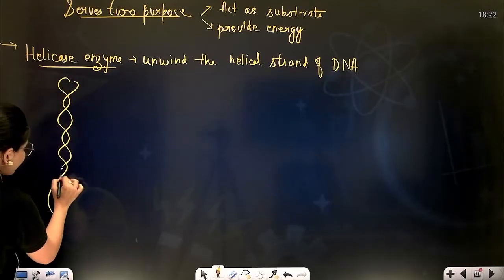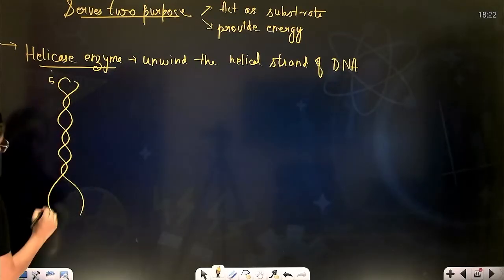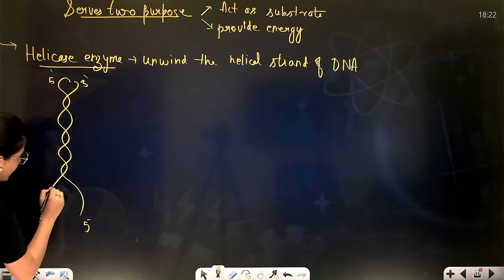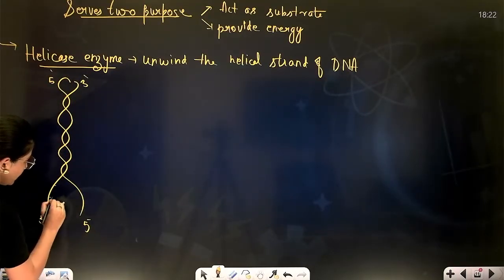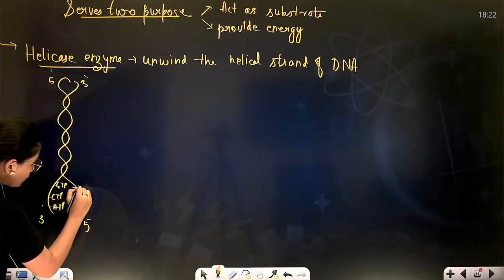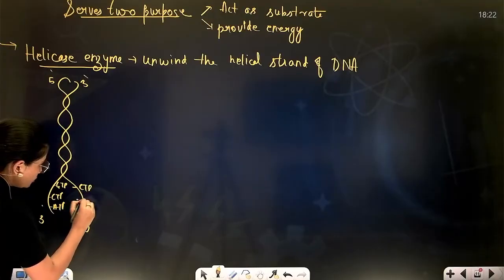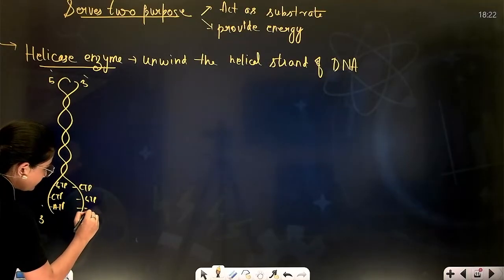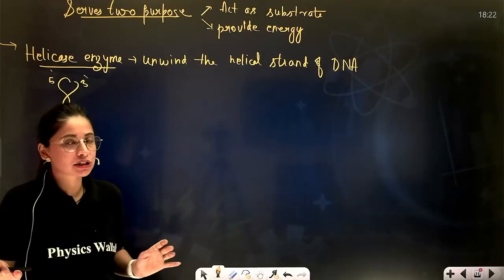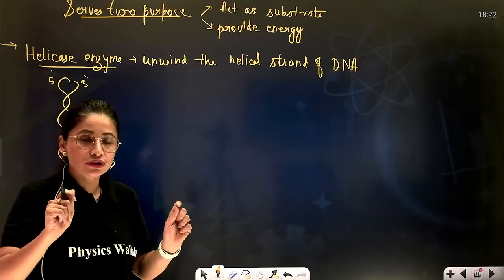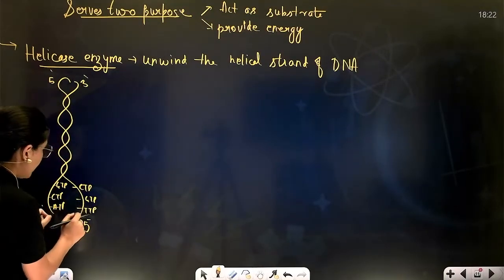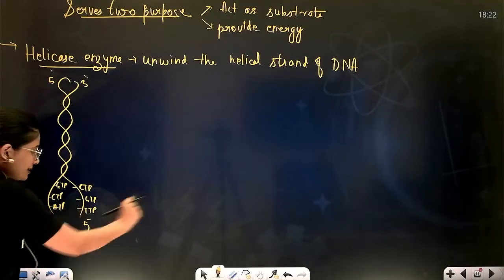Both the strands are anti-parallel, 5 prime, 3 prime, 3 prime, 5 prime. The nucleotides are now activated, ATP, CTP, GTP. So complementary, here will be CTP, GTP, TTP. Right now they are in wound state. The replication process cannot start, so first of all, unwinding is required. So helicase enzyme will come and will pull both the strands like this.